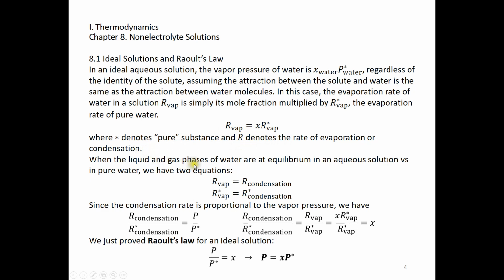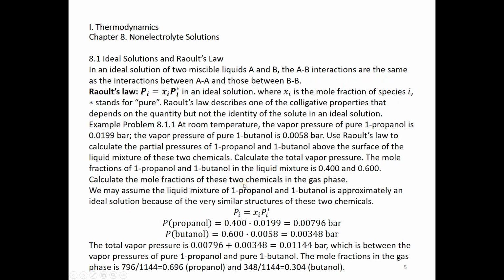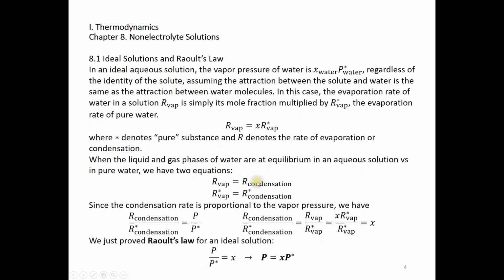When the liquid and gas phases of water are at equilibrium in an aqueous solution versus the equilibrium in pure water, we have two equations. In an ideal aqueous solution, we have this. The evaporation rate is equal to the condensation rate for the water in ideal solution. So over here in pure water at equilibrium, also we have the evaporation rate equals the condensation rate.